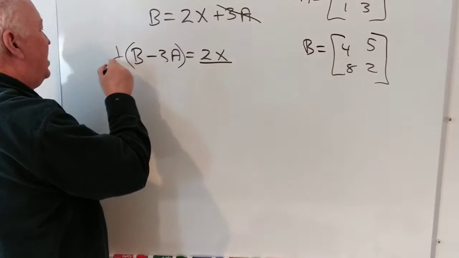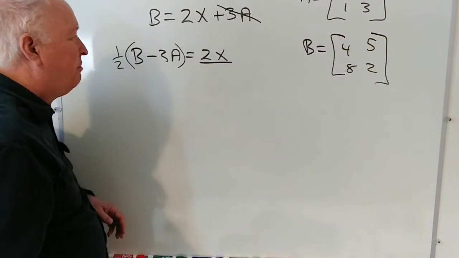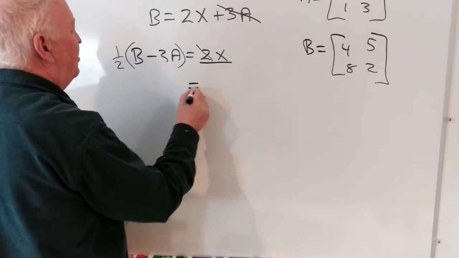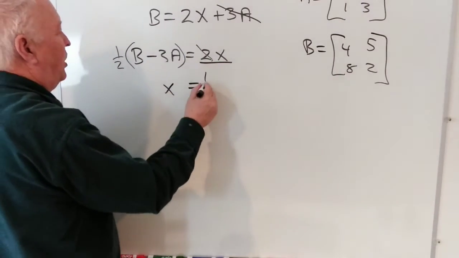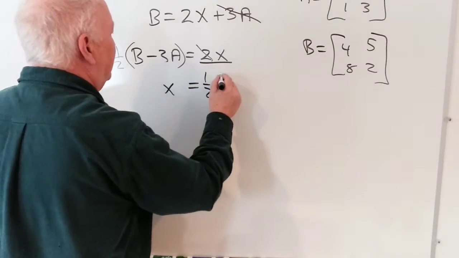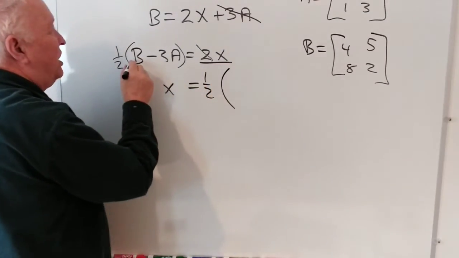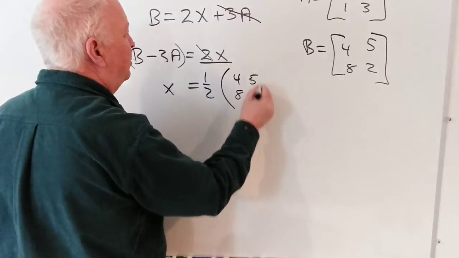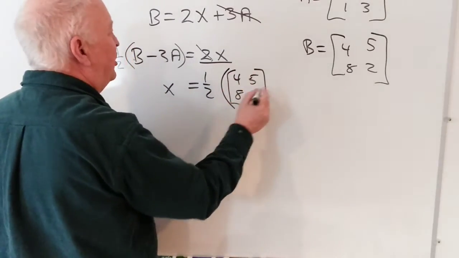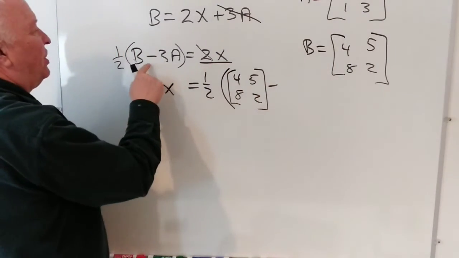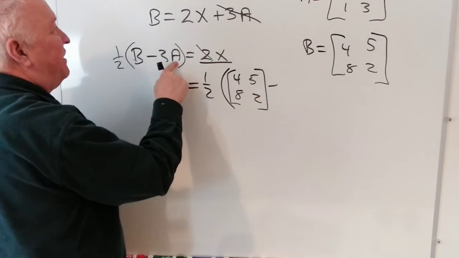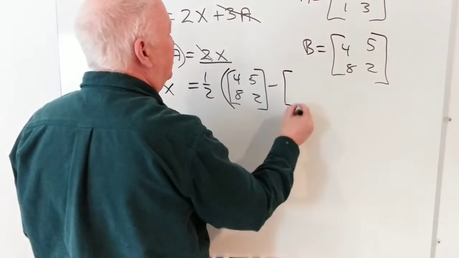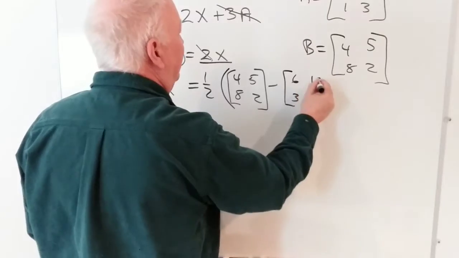So we'll change it to a multiplication problem. Cancel that. Now to calculate x, we'll have 1/2 of b, which is 4, 8, 5, 2, minus 3a. And 3a means to take a and multiply each element by 3. So that'd be 6, 3, 18, and 9.